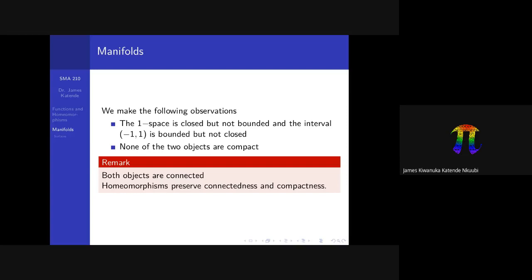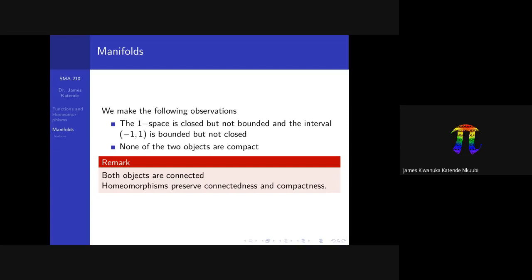The other thing we can observe is that both objects are connected. They are both made up of just one component. The real number line is just one piece. The open interval from -1 to 1 is just one component as well. So we can make a guess that homeomorphisms must preserve connectedness and also compactness. The homeomorphism does not necessarily preserve the property of being bounded, because one object is bounded and the other is not, but they're still homeomorphic.